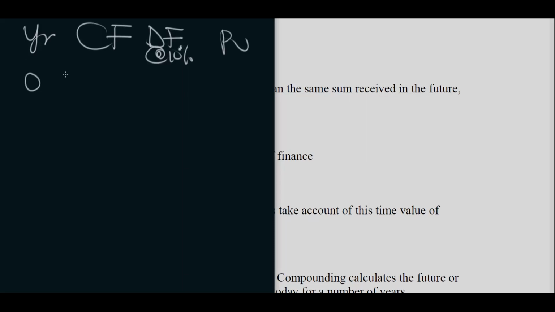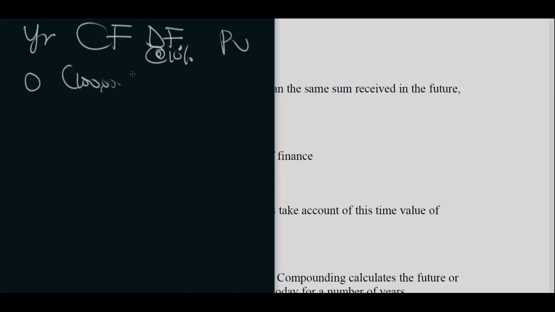So in that case, if I decide to put in here the cash flow, the discount factor that I got at 10%, and then the present value, I know that the money I invested today is worth 100,000.